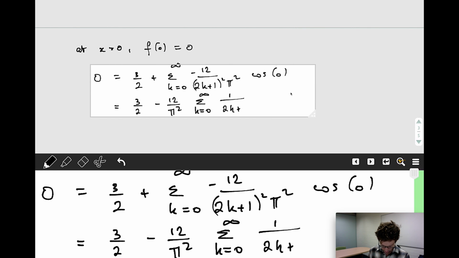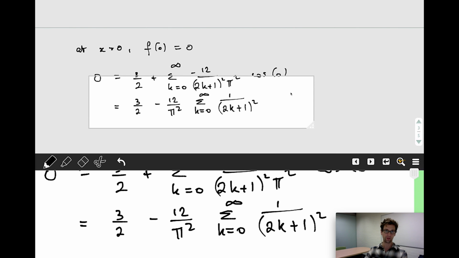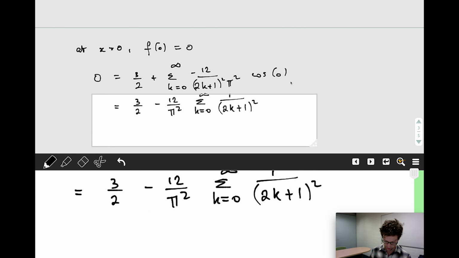And let's think about what this factor 1 over (2k plus 1) squared is. Remember that we're summing over k equal to 0, 1, 2, 3, 4, 5, and 2k plus 1 was exactly the expression that we used to come up with the odd numbers. So these expressions are going to be 1 over 1 squared, 1 over 3 squared, 1 over 5 squared, 1 over 7 squared, and so on.